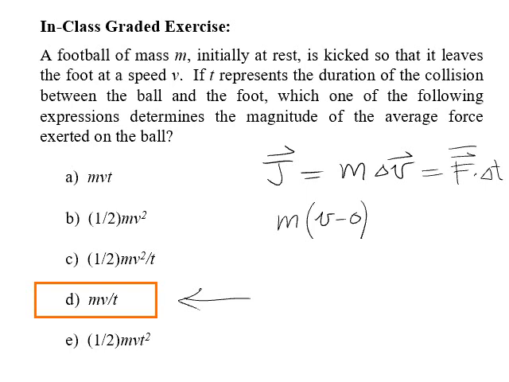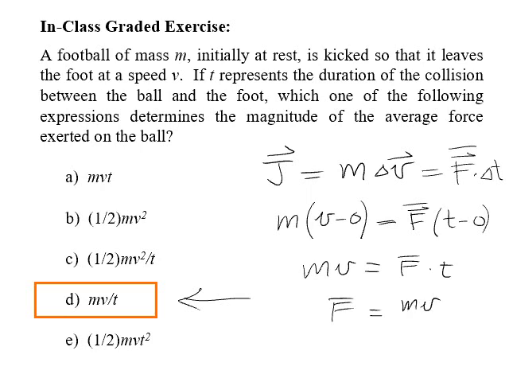We'll just assume the football is going to the right in the positive direction. And that would equal the average force times the change in time, which is t final, which is t, minus the original reading on our stopwatch, which would have been 0. So we end up with mv equals the average force times the time, or in other words, the average force is going to be mv over t.